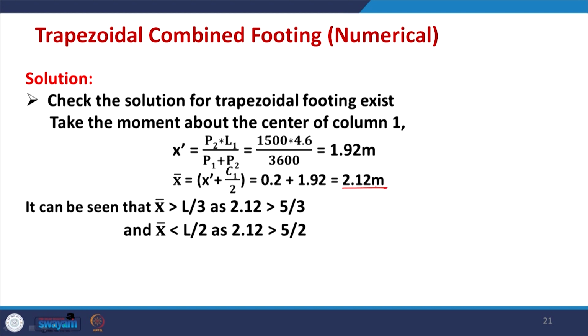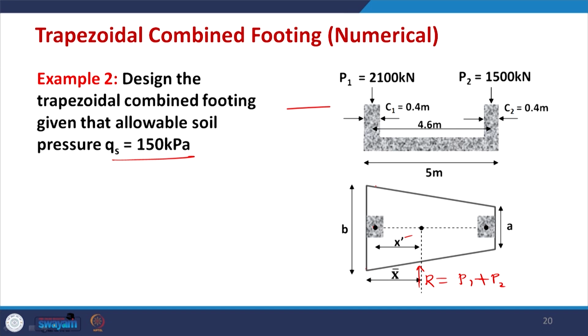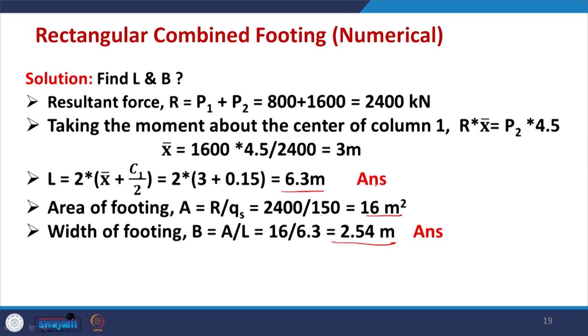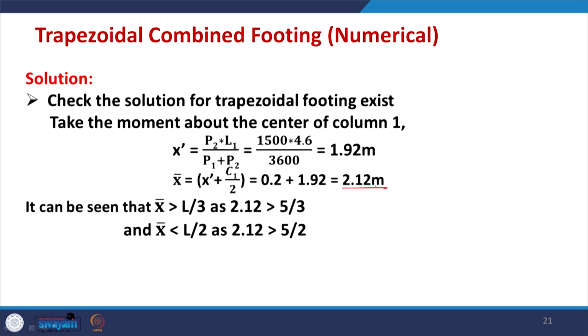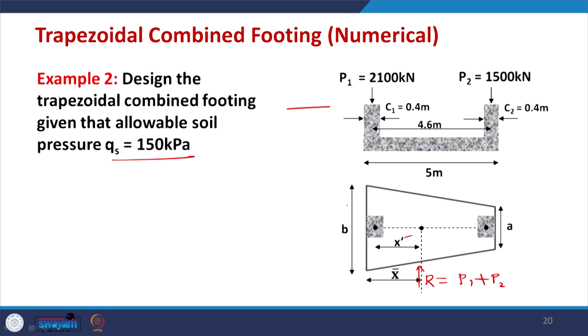However, x bar should be less than L by 3... So, what we have here, you can find the value of x bar should be compared with L by 3, where L is already fixed, L is given as 5 meter.